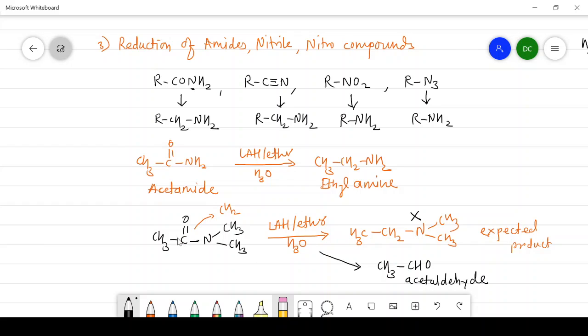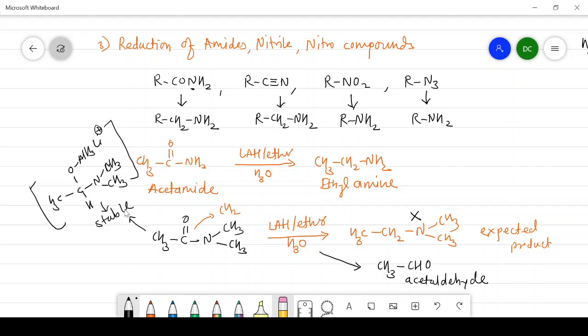Because when it undergoes reduction, there is a formation of a tetrahedral intermediate, which is like this: CH3, then C, here O attached with aluminum hydride and Li plus, then here there is a hydrogen and NCH3 NCH3. This type of intermediate is formed in this reaction and it is a stable one.